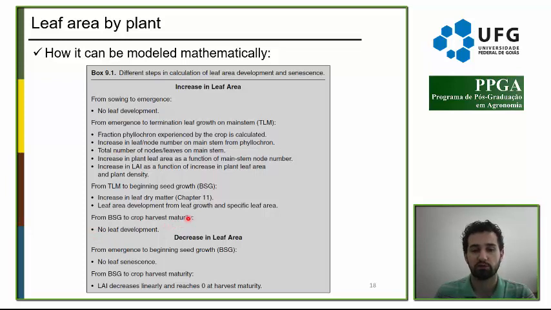On the other side, we have this decrease in the leaf: from emergence to the beginning of seed growth, no leaf senescence, only growth associated with this condition. From the beginning of seed growth until crop harvest maturity, the leaf area index will reduce linearly and reach zero at maturity.